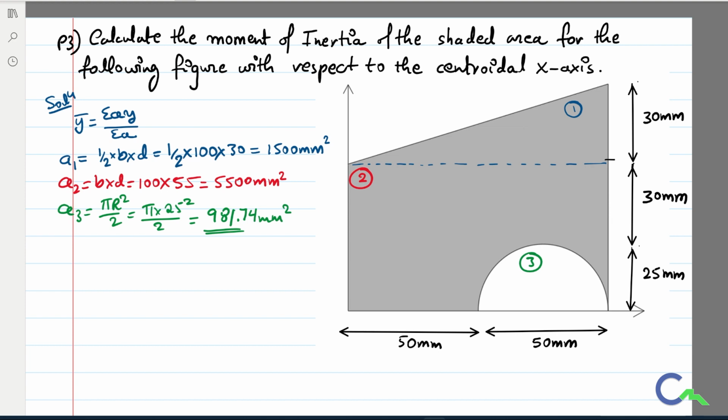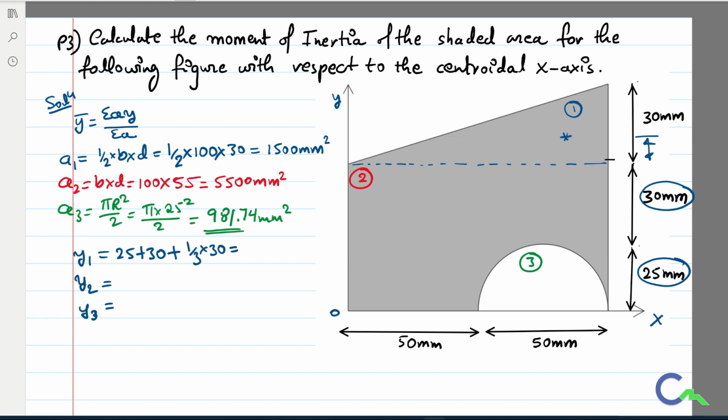Once I get the areas, I can find y bar. Before that I want to find y1, y2 and y3. If I want to find y1, this is the distance to the centroid of the first component from the OX reference axis. I can say that it is nothing but 25 plus 30 plus 1/3 of 30. For a triangle the centroid is at a distance of 1/3 of the height.